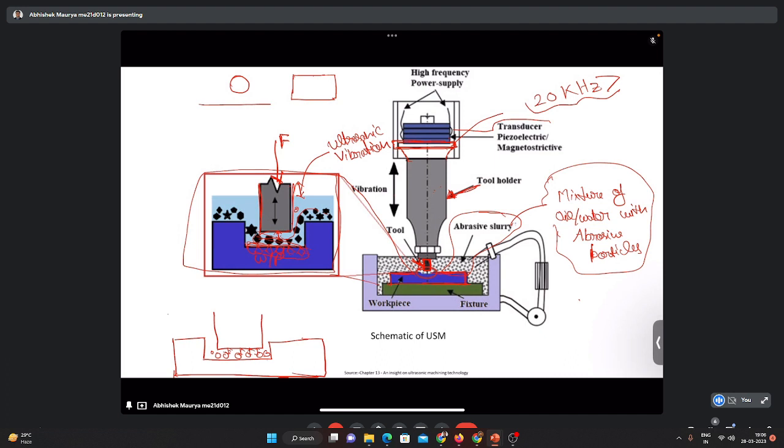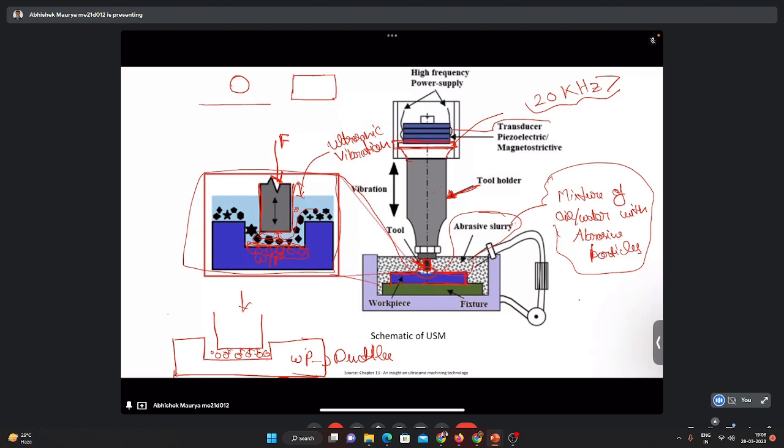So if the workpiece material is ductile, whatever force or whatever vibration we give to the tool, that will create plastic deformation of the workpiece surface.